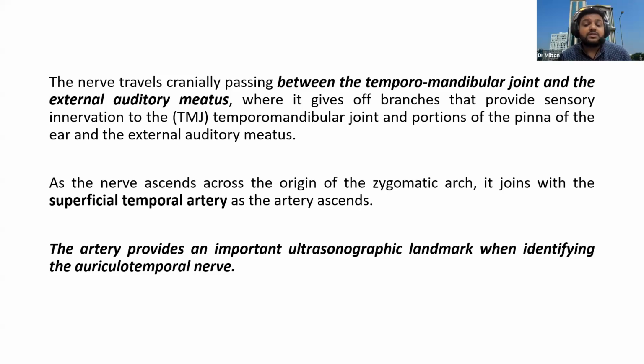If there is a sensory problem, like hypoesthesia, paresthesia, hyperalgesia or allodynia around the temporomandibular joint area and part of the pinna, at that time you can give this nerve block, and you can also identify the problem by giving a diagnostic block.